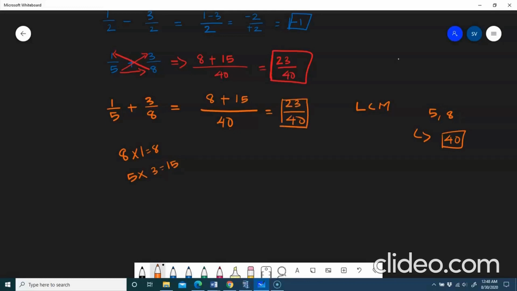This is the way you can operate on rational numbers with different denominators. So that's it for the operation. If it is addition, we can do it like this. If it is subtraction, the only difference is in the sign. But while you are handling subtraction, you should be very careful with the sign.